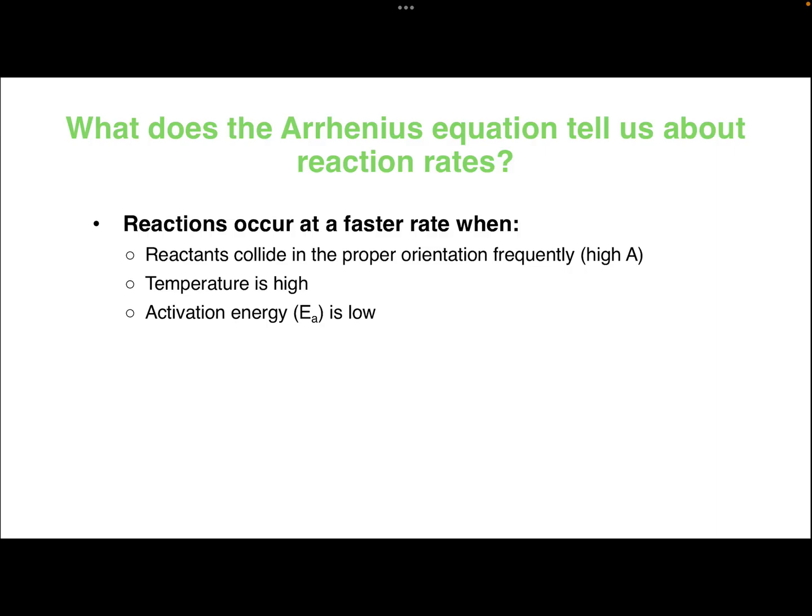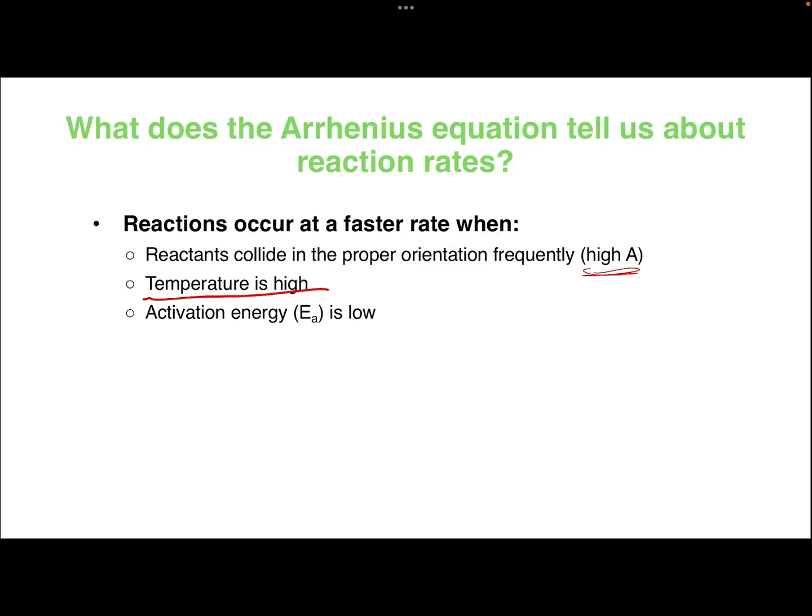The Arrhenius equation tells us that fast reactions occur when reactants collide in the proper orientation frequently, so that's that high A value. They also occur when temperature is high and when activation energy is low.